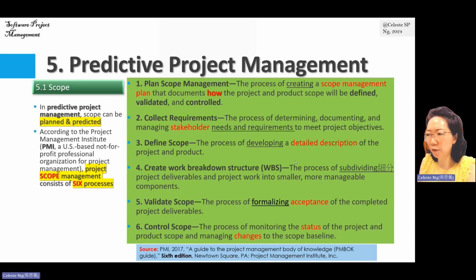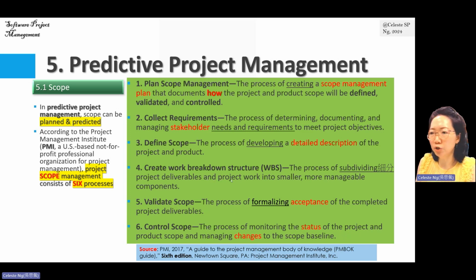The fourth process is called create work breakdown structure, or WBS. WBS is actually an even more in-depth description of the scope in our project. In short, our work breakdown structure describes the subdivision of our project deliverables.